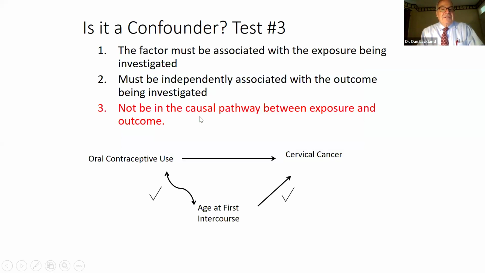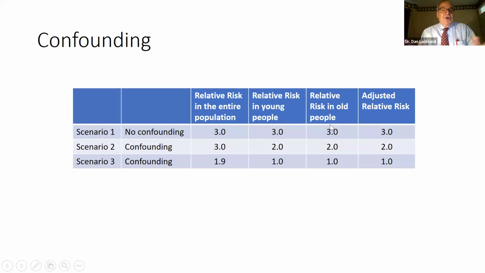And then very seriously, it must not be in the causal pathway between exposure and outcomes. In other words, it's not up here. So in order for this to be true, age at first intercourse would be in the pathway of that occurring. So we look at these scenarios.